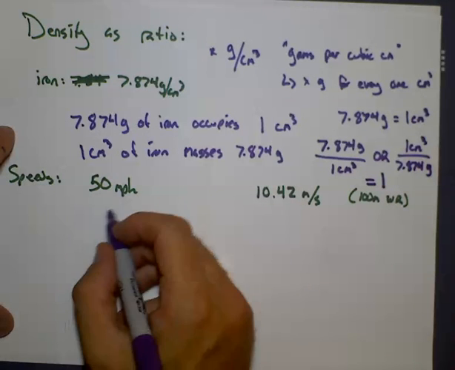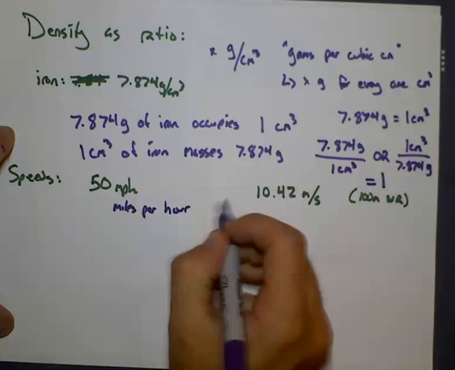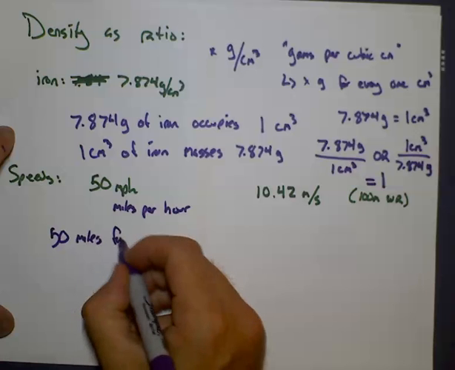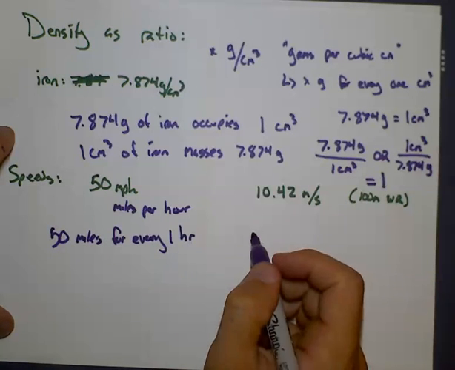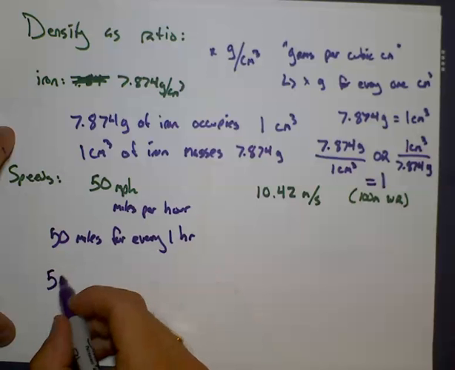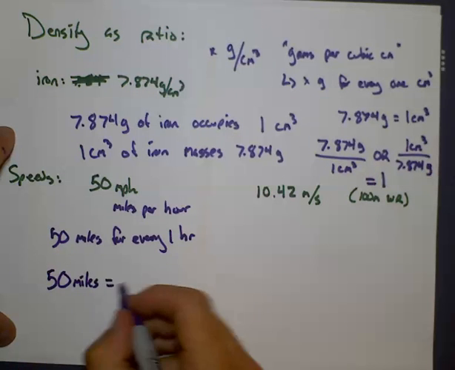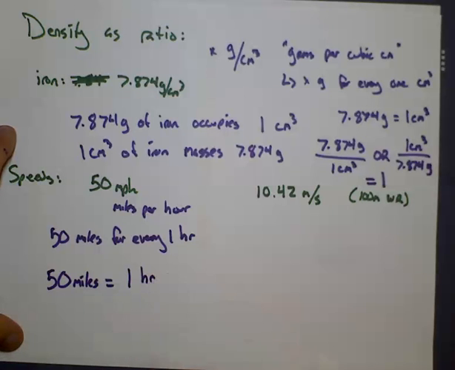Same idea with speeds. When we say 50 miles per hour, we mean 50 miles for every 1 hour. So again, we can basically say that for whatever car or vehicle is going this speed, 50 miles is essentially equivalent to 1 hour.